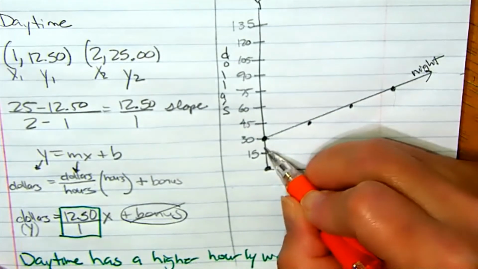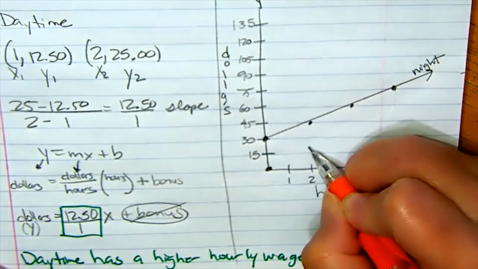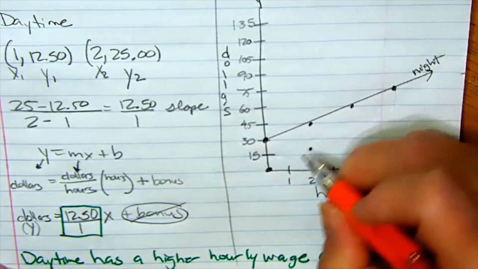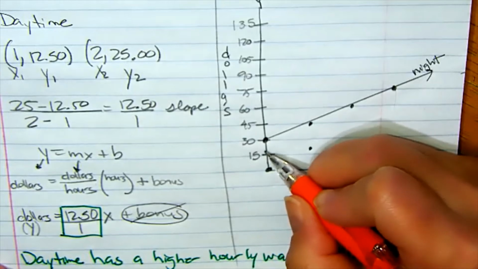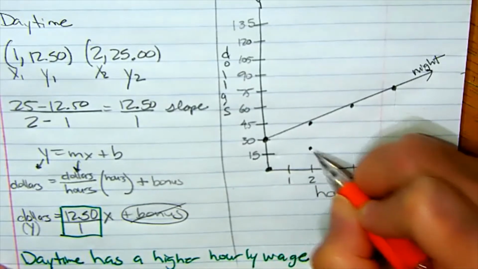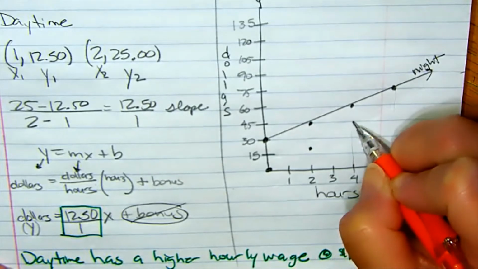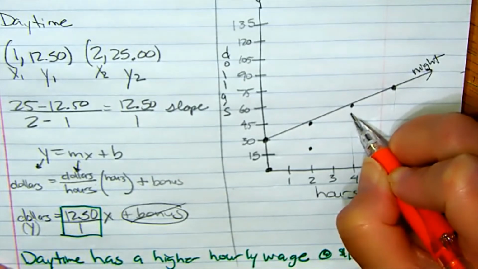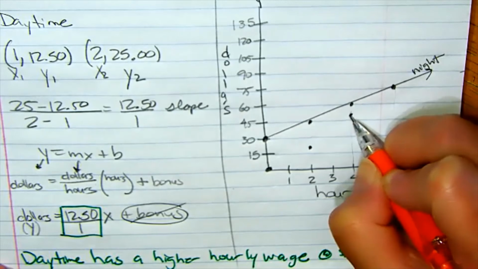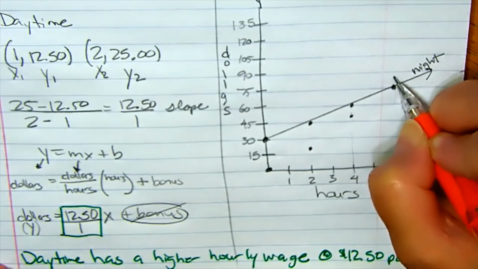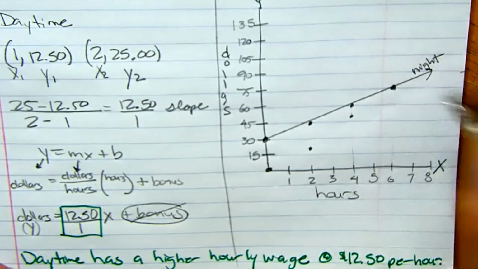So every 2 hours is $25. 2 hours is 25. 4 hours would be 50. 6 hours would be 75.